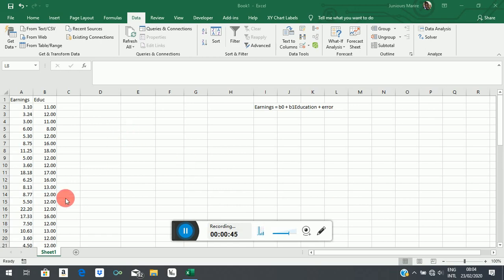So now, this is a sample of 50 people in the labor market. We are told the levels of their earnings and the levels of their education. So we're going to estimate this regression here.